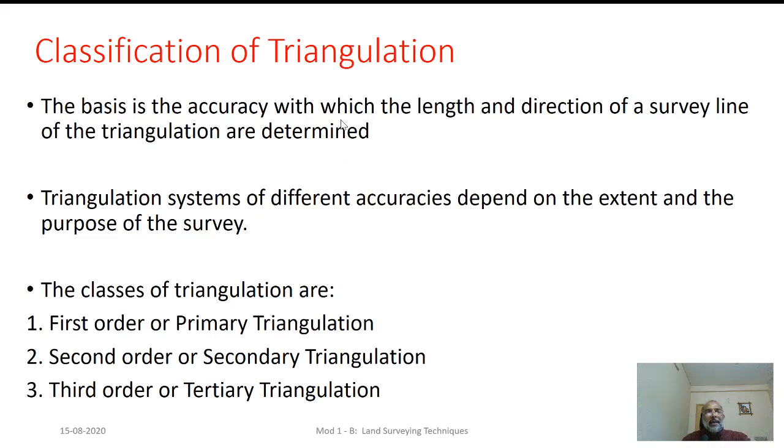Here, the classes of this particular triangulation can be considered under three headings. One is first order or primary triangulation. Second is second order or secondary triangulation. Third is third order or tertiary triangulation.